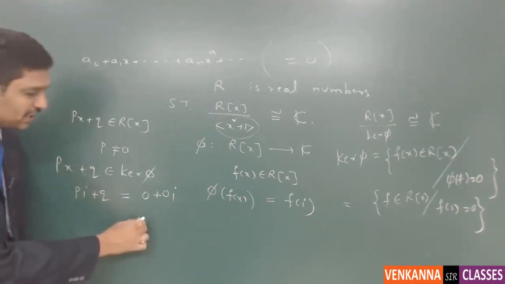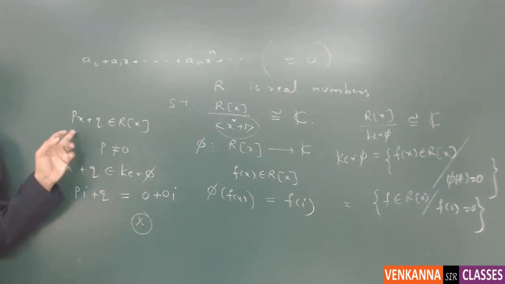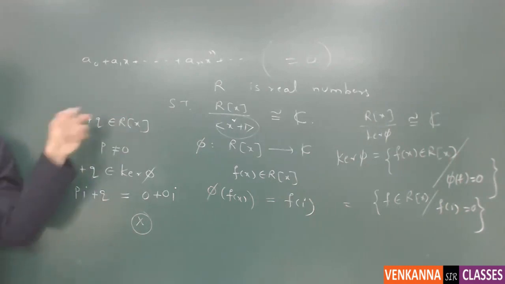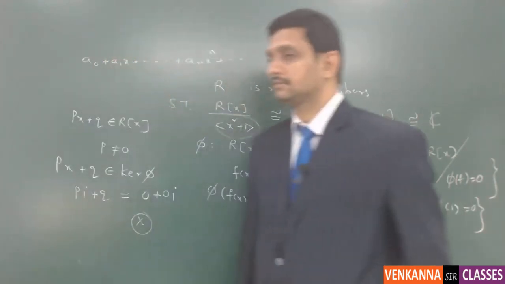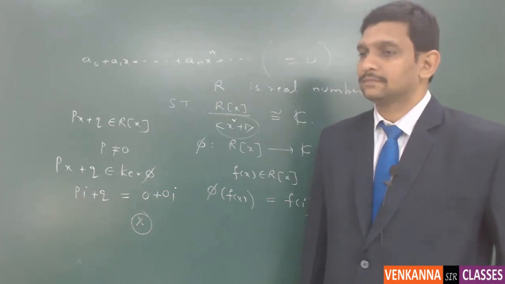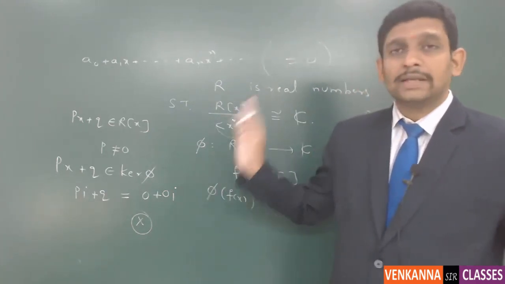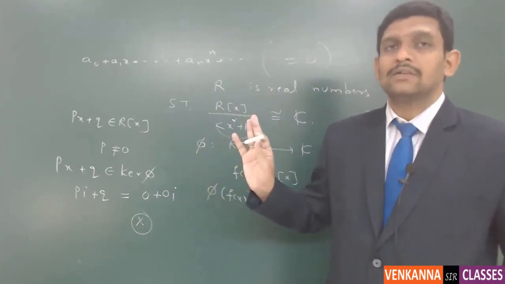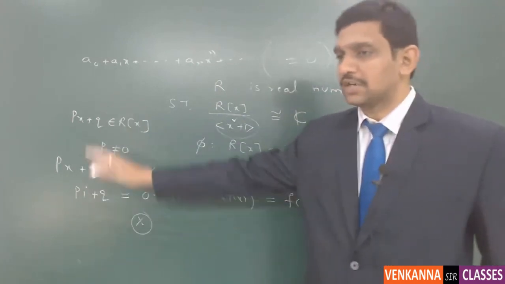But this is a contradiction, because you have taken a first degree polynomial, which means p is by default not equal to 0. Otherwise, we cannot say that it is a first degree polynomial. Am I correct? Yes or no? Therefore, kernel phi will not contain any first degree polynomial from this discussion.